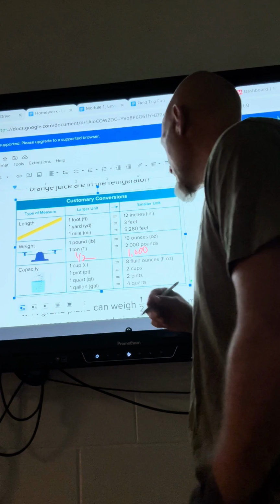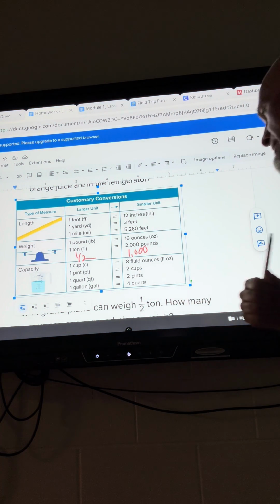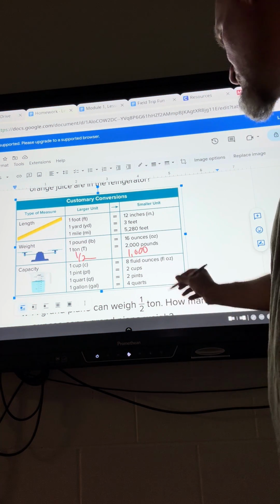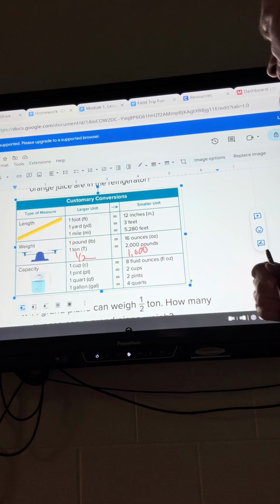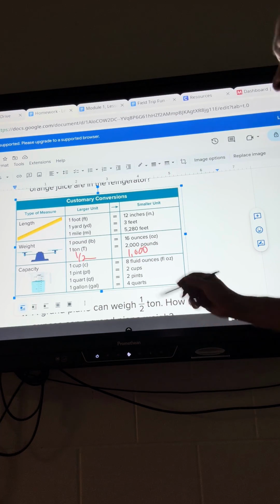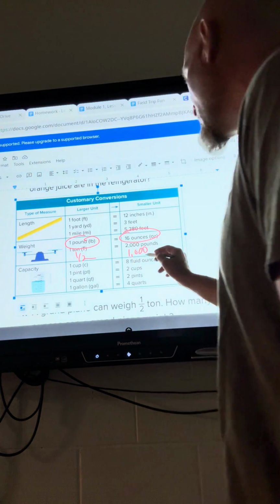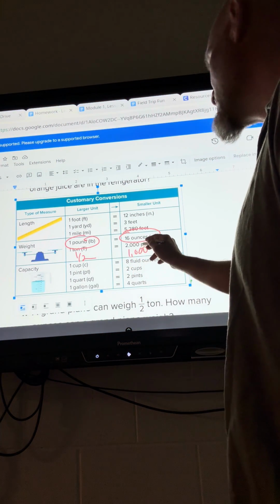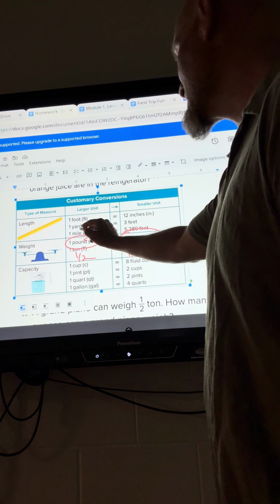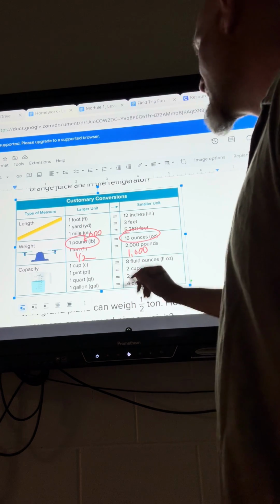And you're going to find out the number of ounces in a pound. It's asking you to find out the number of ounces inside of 1,000 pounds. So we know that 1 pound is equal to 16 ounces. So then what would 1,000 pounds be in terms of ounces?